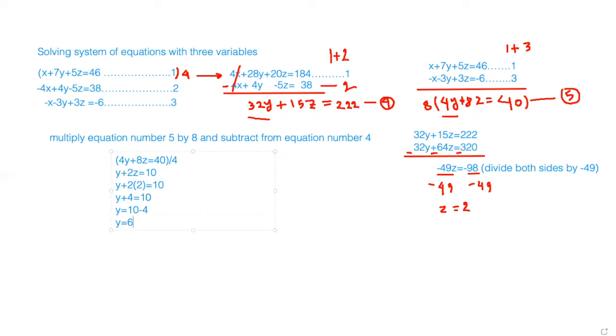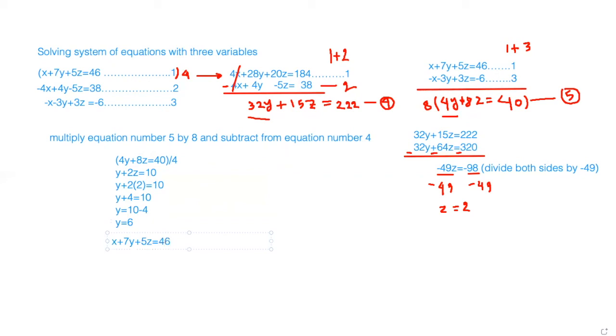Now you can plug in the y and z value into any one of the initial three equations. To me, it looks like if I use the first equation, equation number 1, right here, then I can find the value of x. So let me write it down again. Equation number 1 is x plus 7y plus 5z equal to 46.